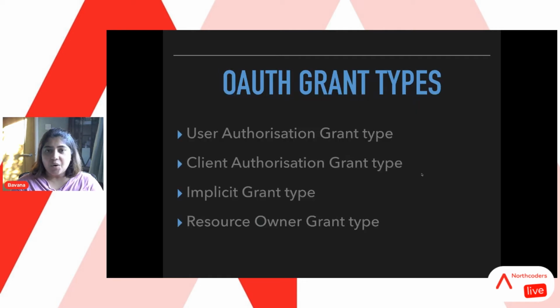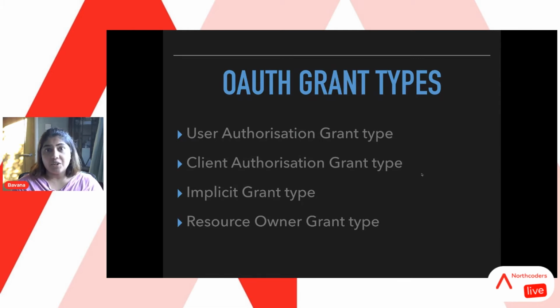So in OAuth, you have 4 types of grants. The user authorization grant, which almost all of us come across. Then you have a client authorization grant type, which is something that happens between services. This has nothing to do with the user at the endpoint.